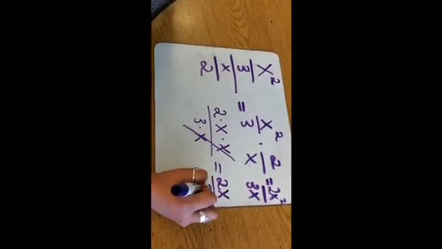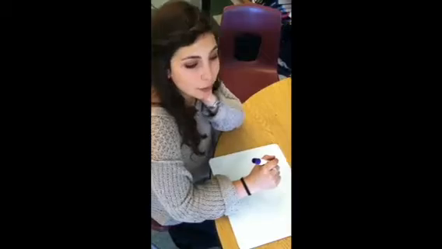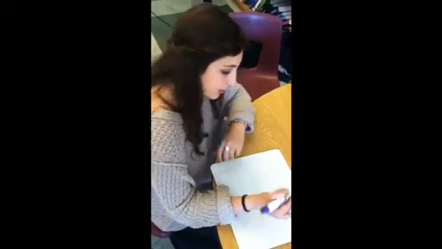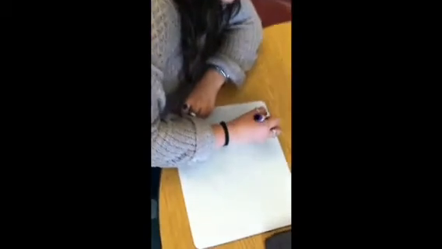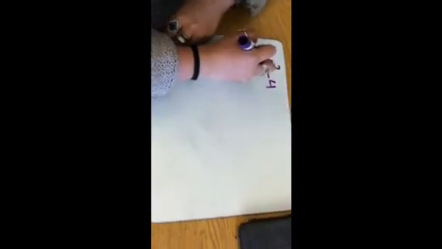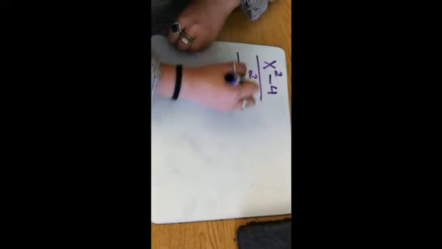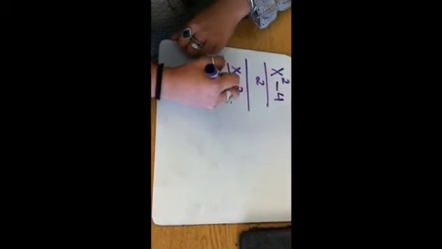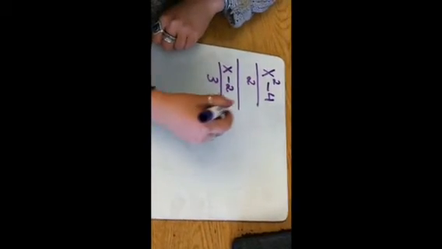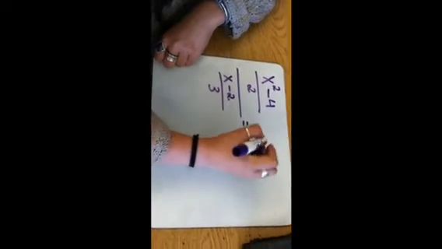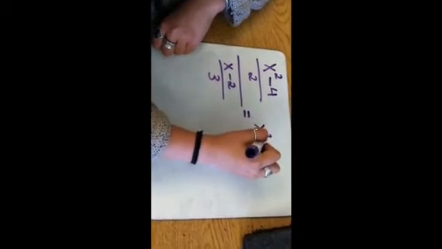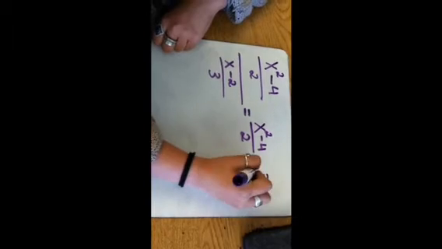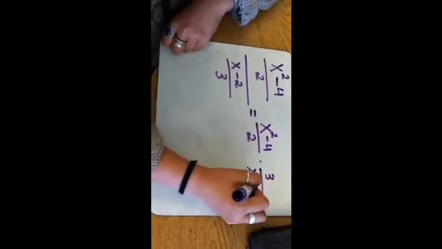Now we are going to be solving a complex fraction involving factoring. So we have x squared minus 4 over 2 over x minus 2 over 3. Now, flipping the denominator, we end up with x squared minus 4 over 2 multiplied by 3 over x minus 2.